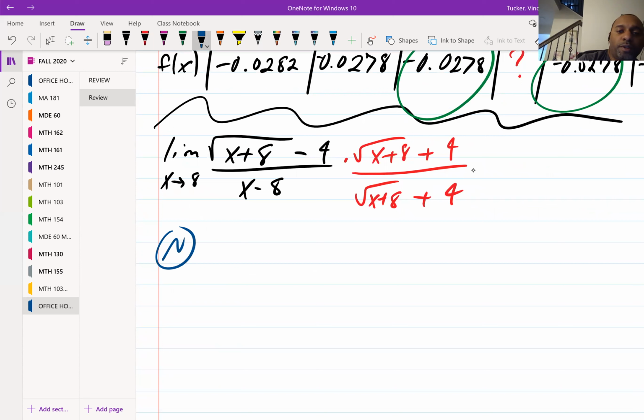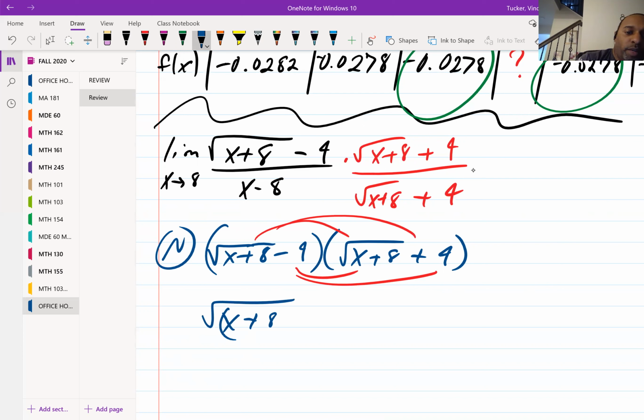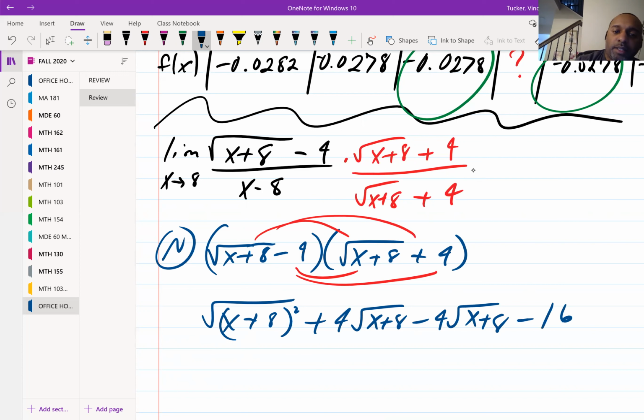So let's look at the numerator first. All right, so we're going to FOIL. So square root of x plus 8 times square root of x plus 8, which is square root of x plus 8 squared, plus 4 square root of x plus 8, minus 4 square root of x plus 8, minus 16.